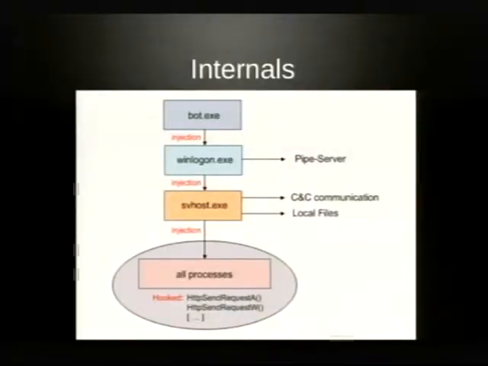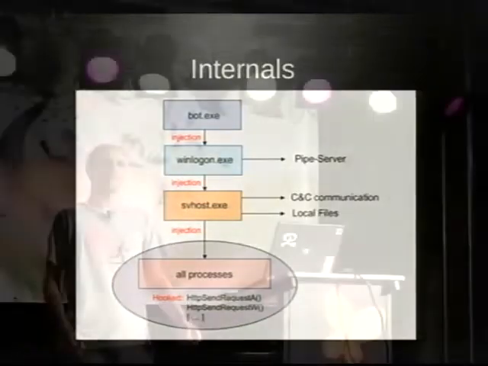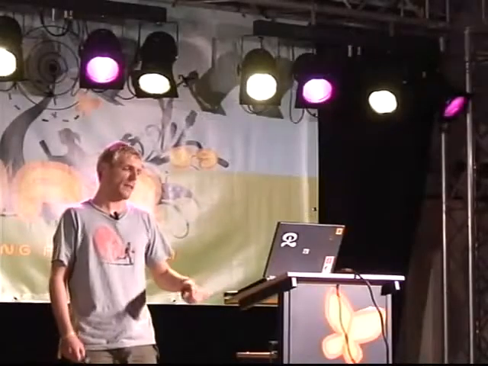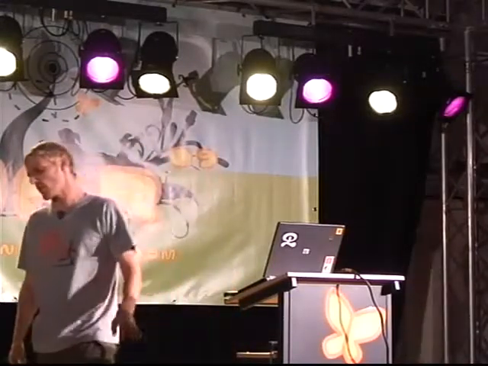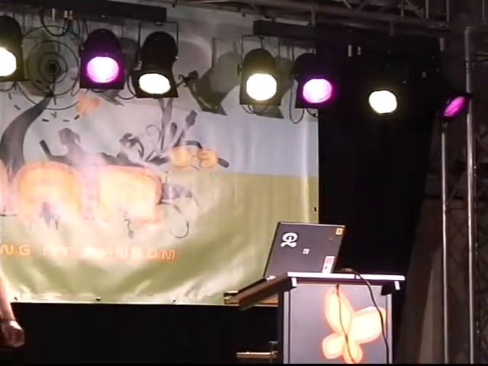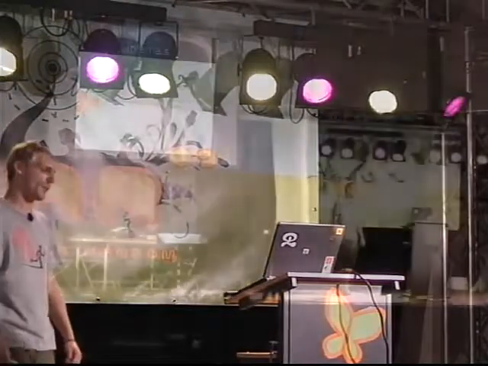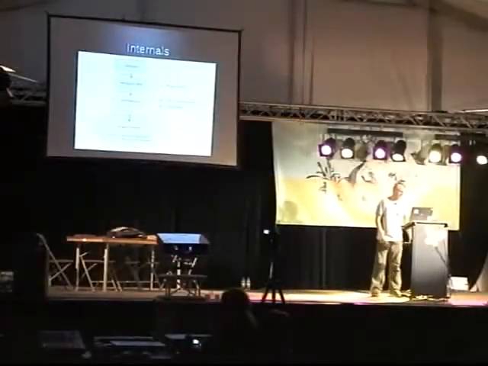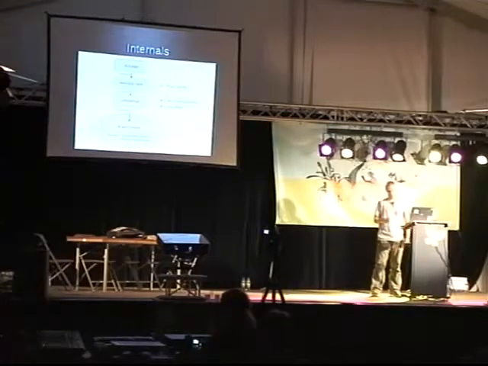So you have an injected Internet Explorer, you have an injected Firefox. It injects into all processes in order to be able to hook functions like HTTP send, functions which are known to be used for browser data.